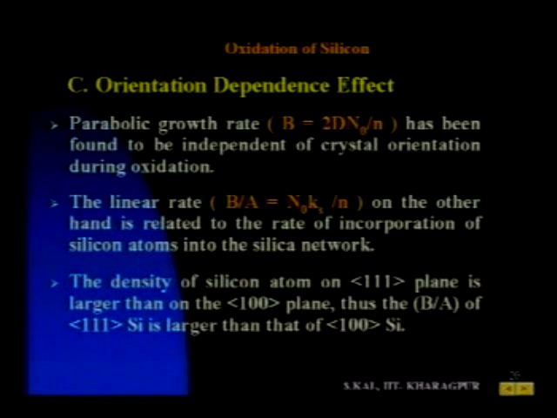In 111 silicon, the silicon atoms are more available on the surface in comparison to 100. Because the availability of silicon atoms is more, obviously oxidation will be more, and the oxide thickness of the 111 plane is more compared to the 100 plane. That we have also seen in experimental data.